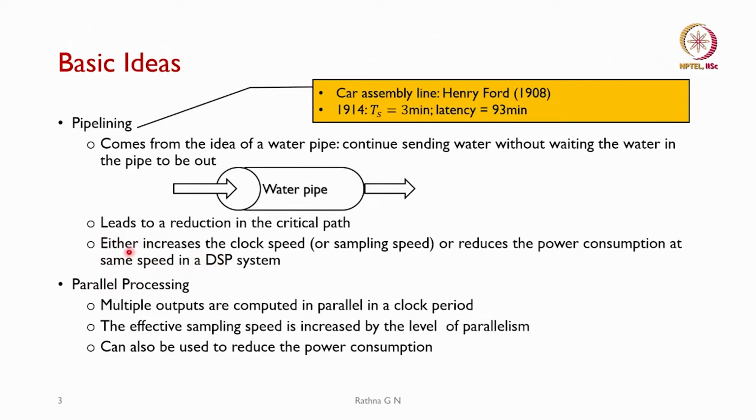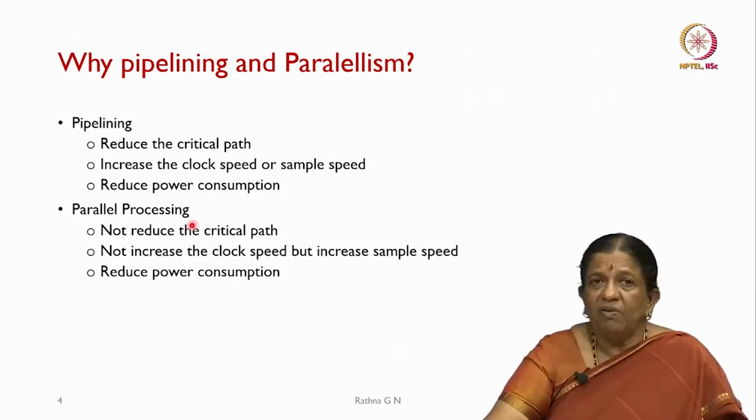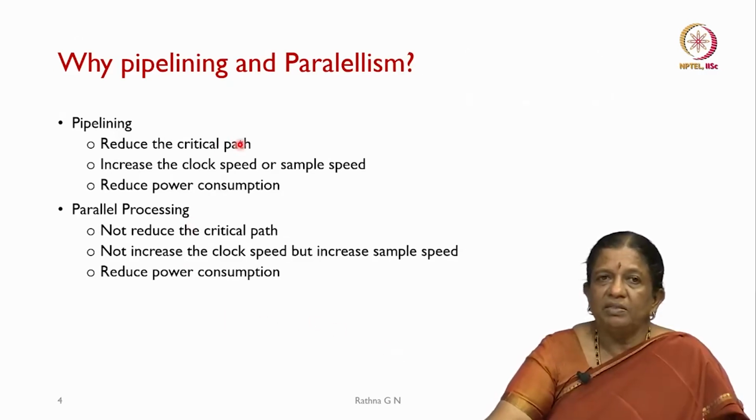For parallel processing, multiple outputs are computed in parallel in a clock period. The effective sampling speed is increased by the level of parallelism, so we can increase the speed or reduce the power consumption. So why do we need pipelining and parallelism?